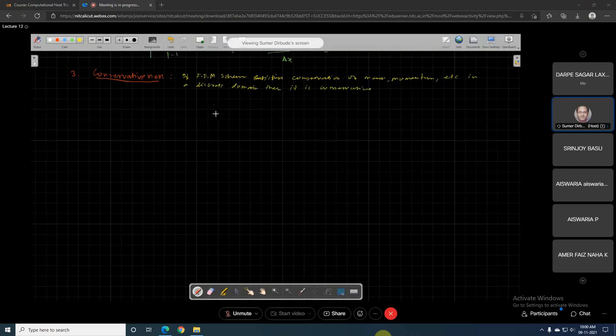In the sense that if I have this del u by del t plus a del u by del x, this equation should hold in an integral sense in a particular volume.